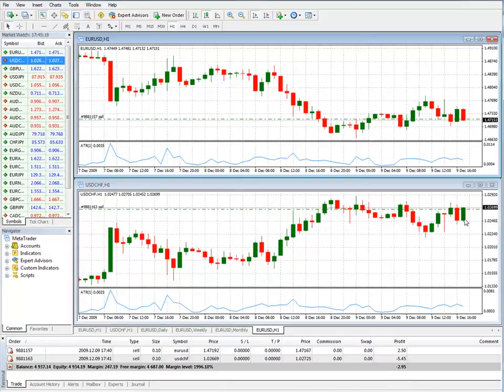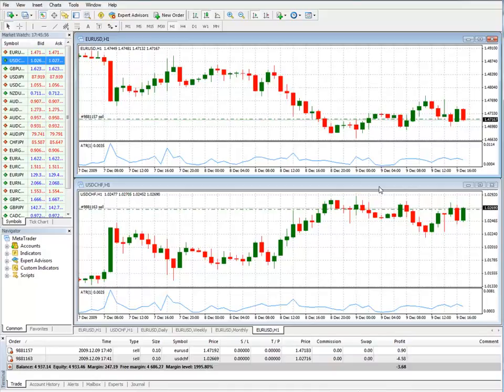Now say again in our example that you're going long in the euro dollar, US dollar, and short in the Swiss franc, then if you're risking, say, 3% per trade, you end up effectively risking 6% because you're effectively using two trades which are the same.